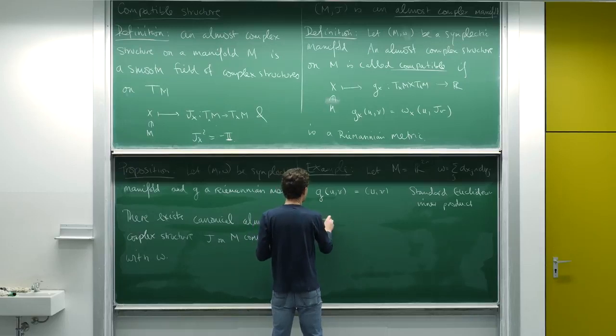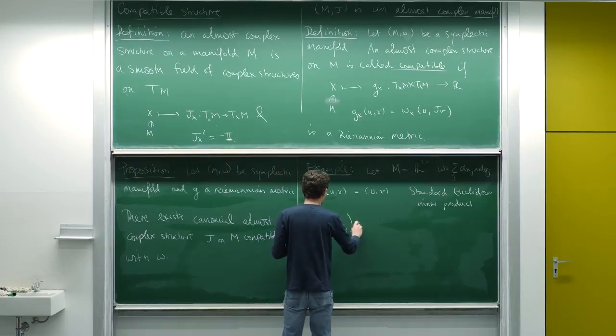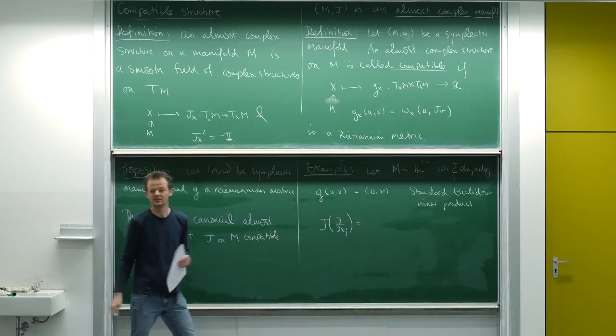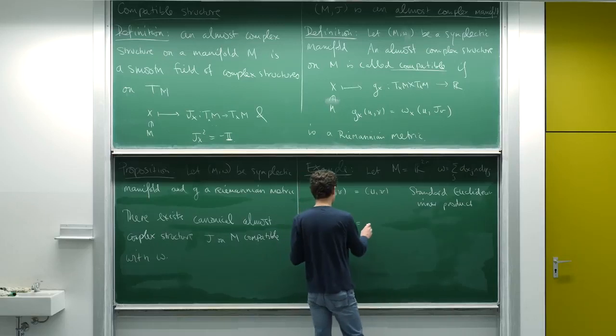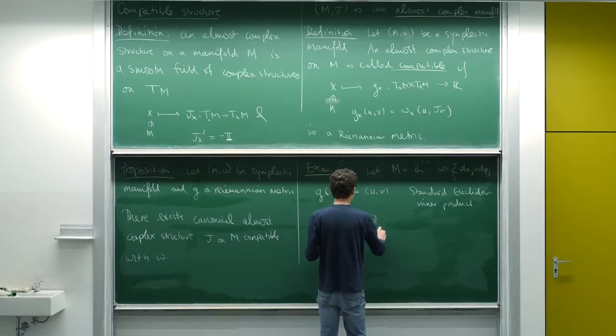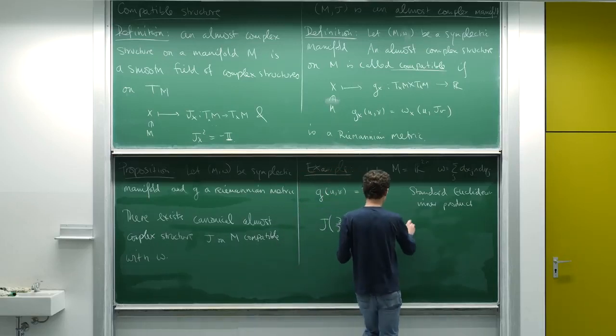And then we're going to define the following almost complex structure. So we need some map that takes a tangent vector, gives you another tangent vector, and squares to minus the identity. Take this one.